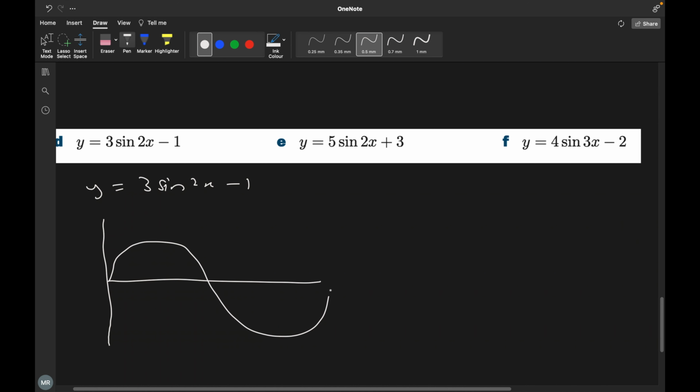This is y equals sine x. Now the amplitude is 3, the period is pi, and it's translated by minus 1. So first let's draw this part. It will go something like this.